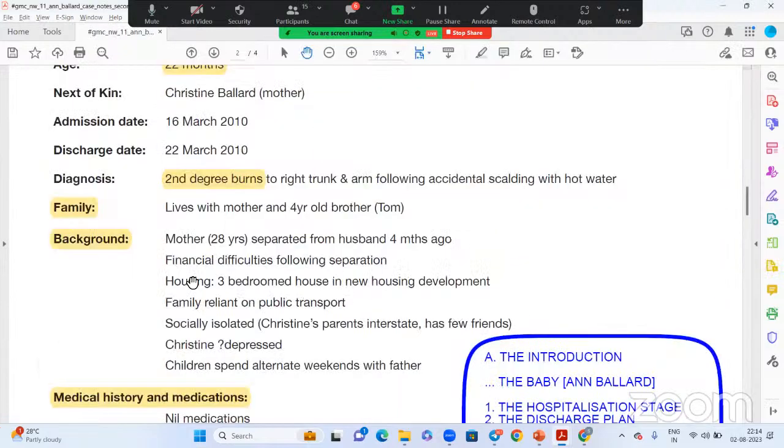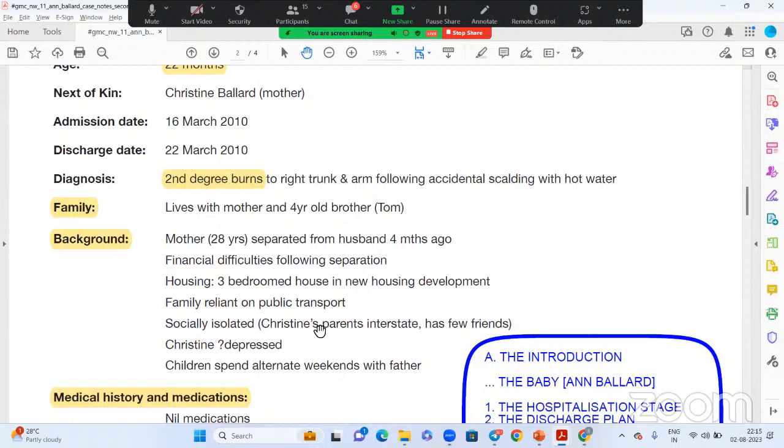Yeah. So this is done. Financial difficulties is done. Financial difficulties follow separation. Over. Next one. See all these points. It is very important.